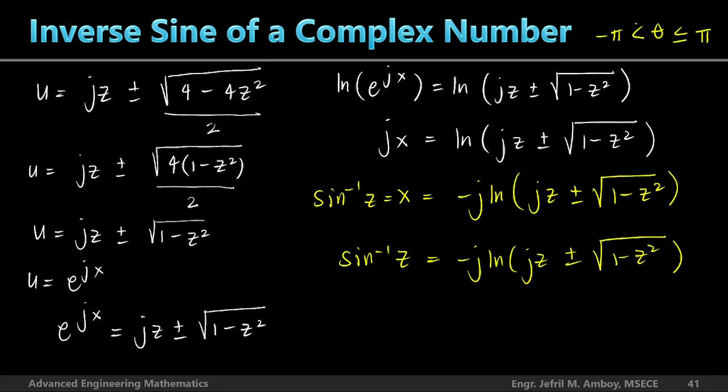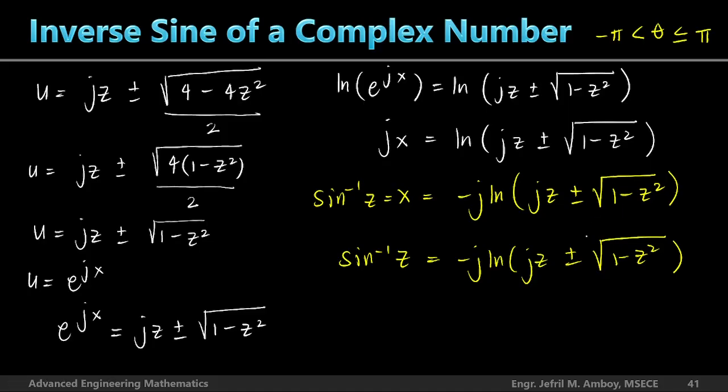Ayan. Para sa principal value ng sine inverse ng z, your theta should be in this range. Okay? So, tandaan natin ha, ito na ngayon yung formula sa pag-evaluate ng inverse sine ng isang complex number that's equal to negative j times the ln of jz and then plus minus the square root of 1 minus z squared.